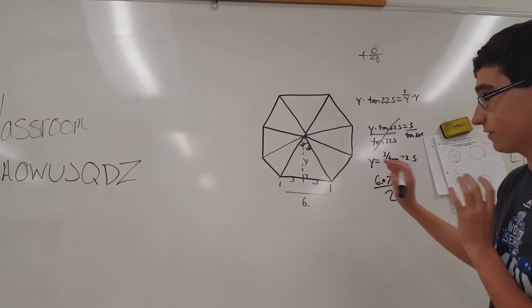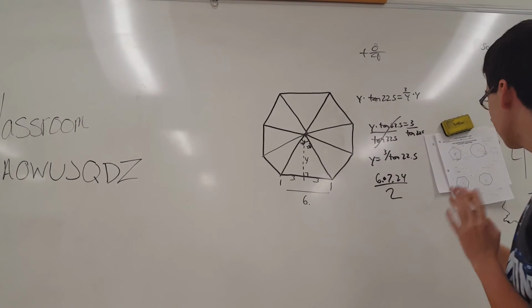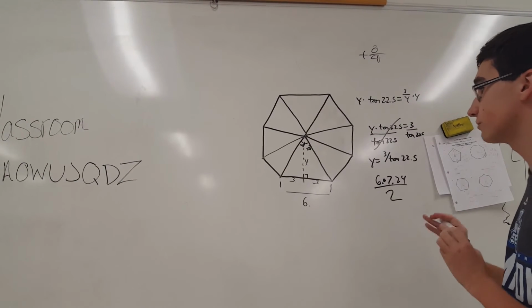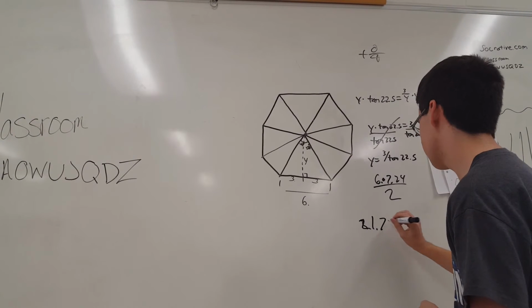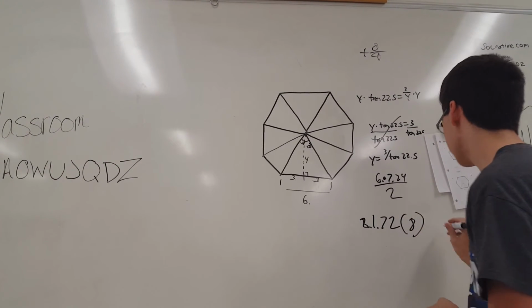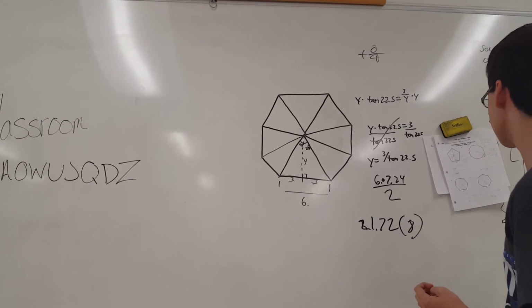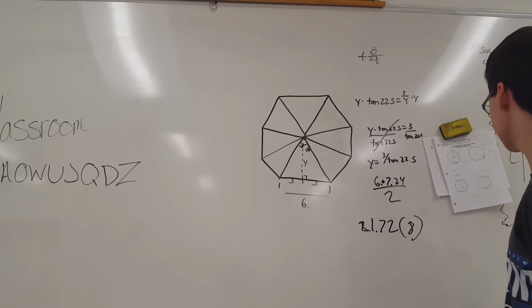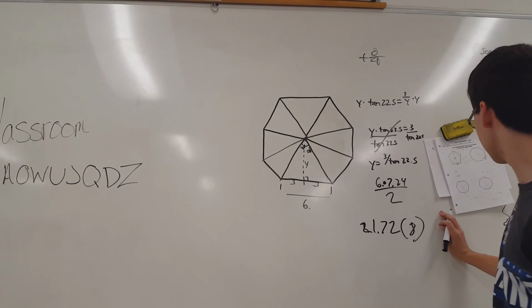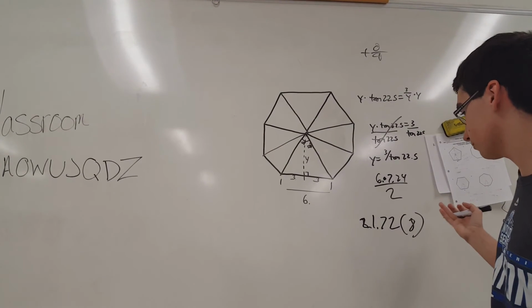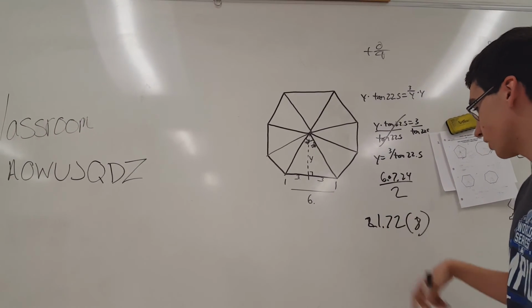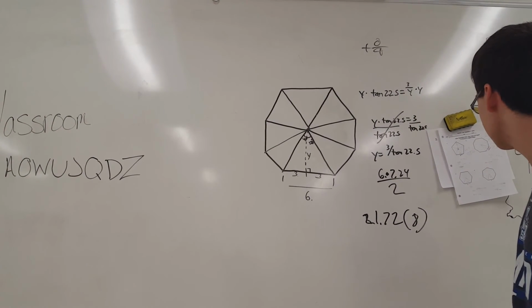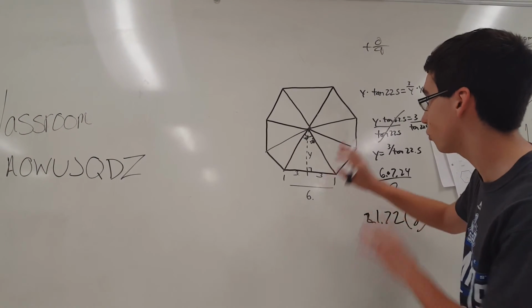Since you have 8 triangles, you take 21.72 times 8, which gives you your answer, 173.76, the area of the whole polygon.